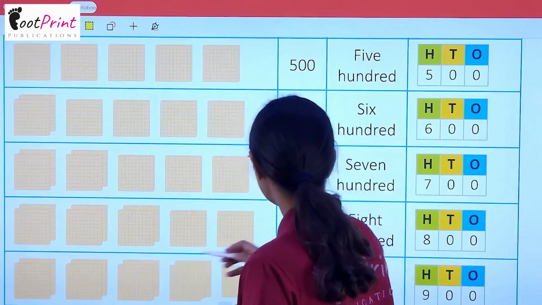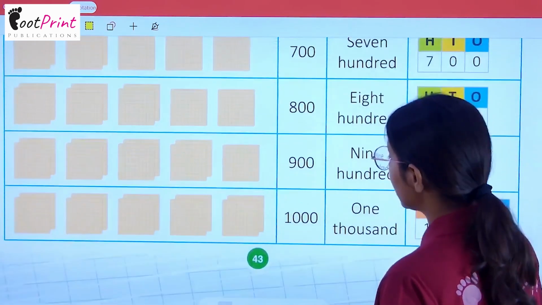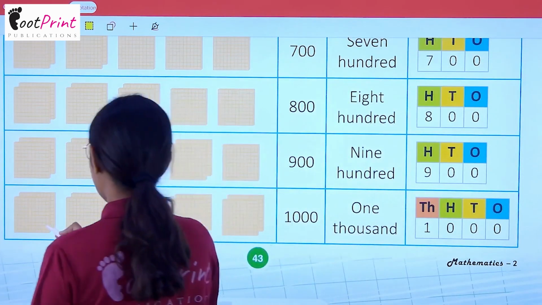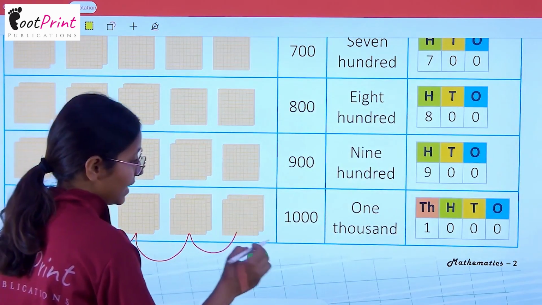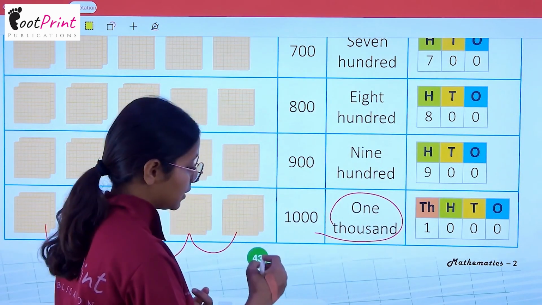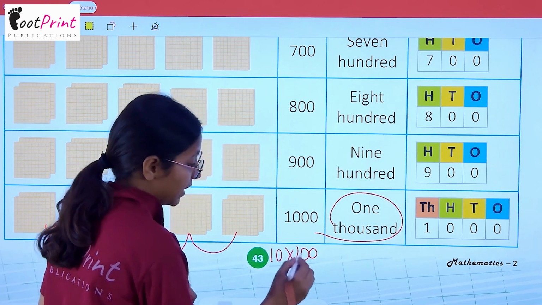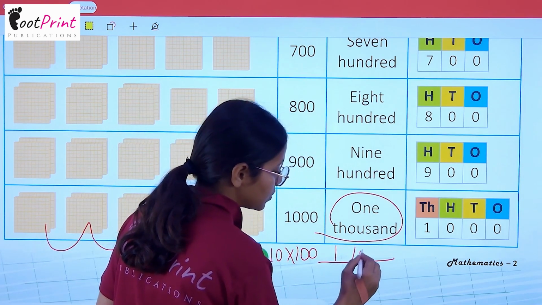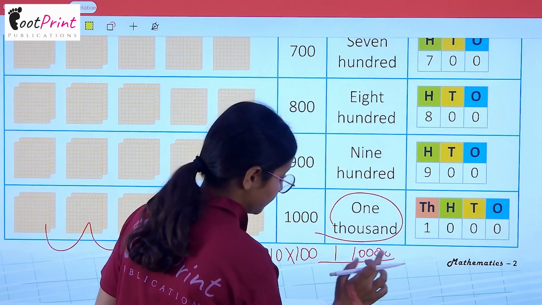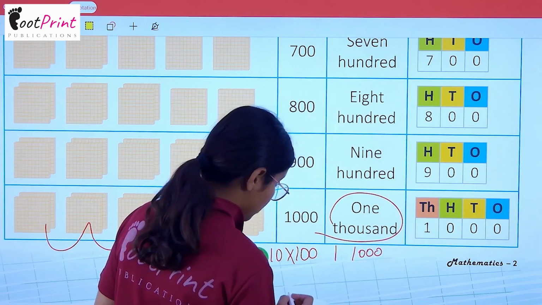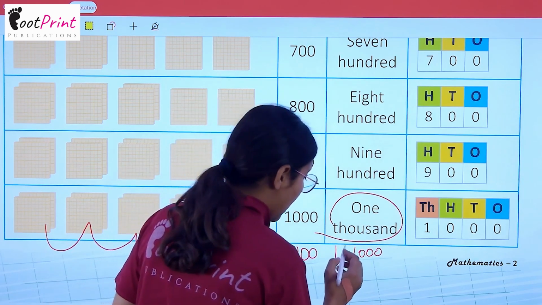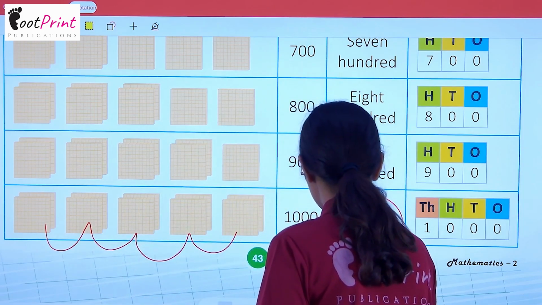Now 7 blocks make 700. 10 blocks will make 1000, that is known as 1000. 10 times 100 makes 1000. So, now we know how 1000 is prepared.